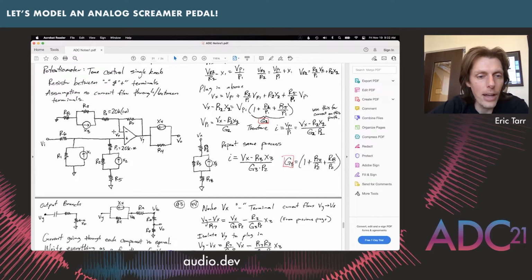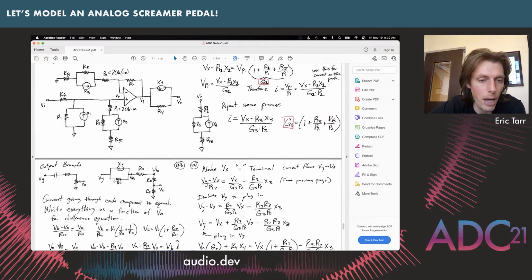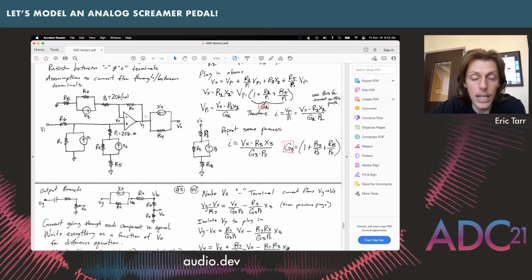So how I've labeled some of these nodes: I call this node over here Vn, and I call this node over here Vx, which is everything going into this positive terminal. And Vx is also connected over here to this negative terminal, okay? And then I have another node that I've called Vy, and then we have some stuff for our output voltage, an output branch that I look at down here.